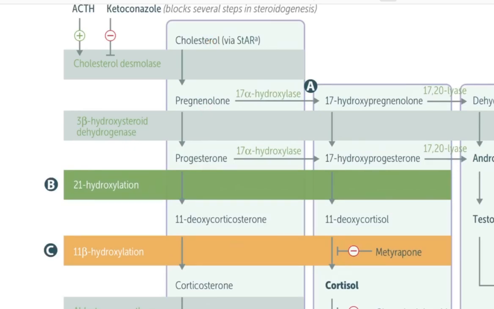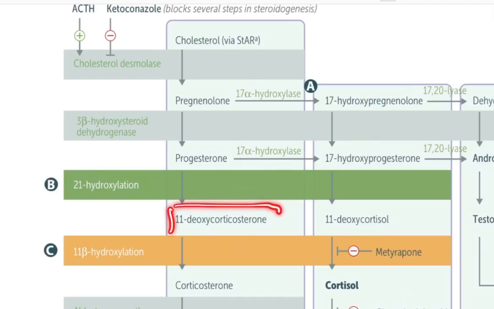From progesterone, it is hydroxylated at the 21st carbon by the enzyme 21 hydroxylase and results in 11-deoxycorticosterone. Is it clear? So the first enzyme is cholesterol desmolase, the second enzyme is 3-beta hydroxysteroid dehydrogenase, and the third enzyme is 21 hydroxylase. It is also a 21 hydroxylation process.